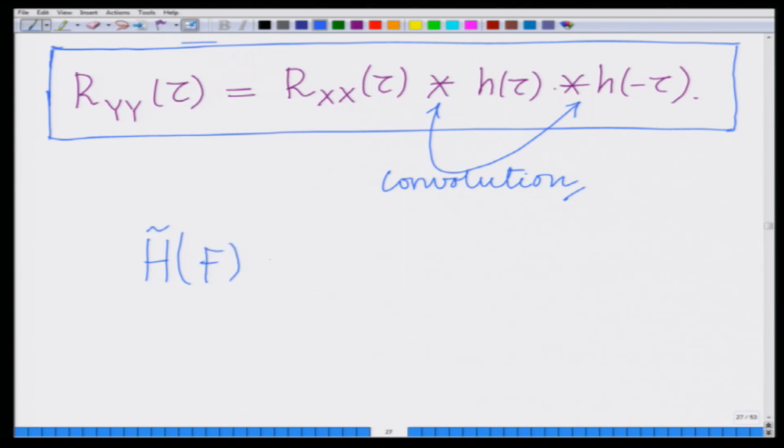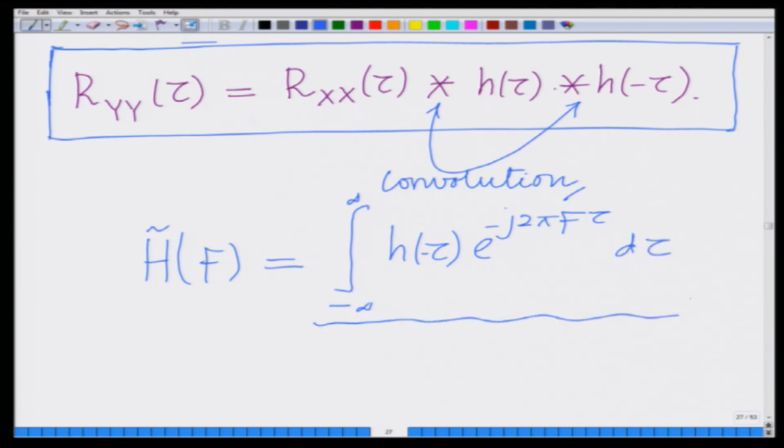Let me call it h tilde of f, which is equal to the integral from minus infinity to infinity of h of minus tau e raised to minus j 2 pi f tau d tau. This is the Fourier transform of h of minus tau.